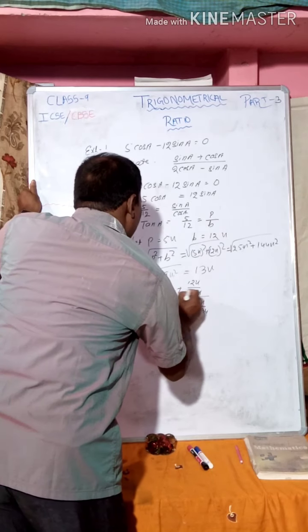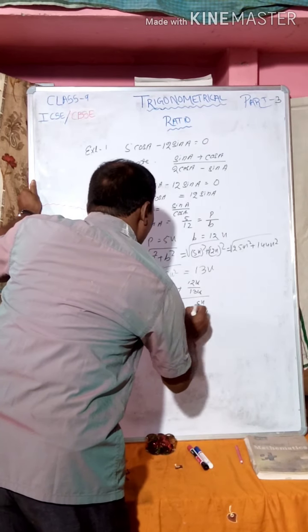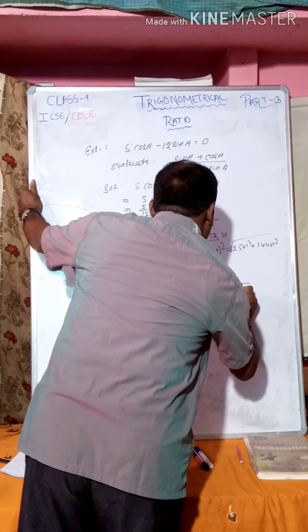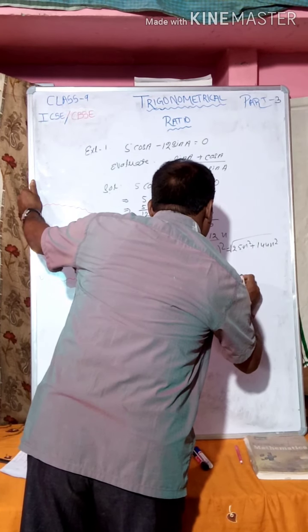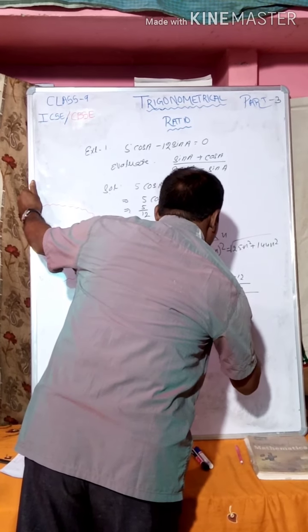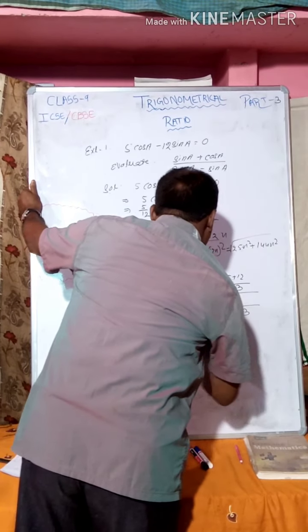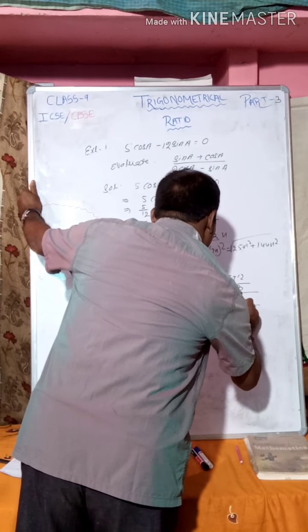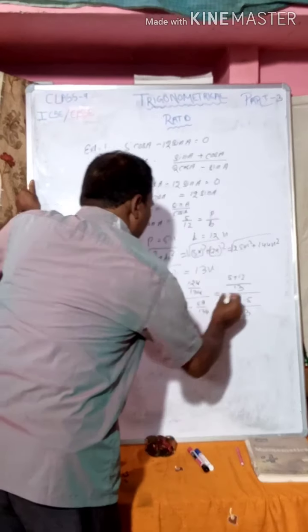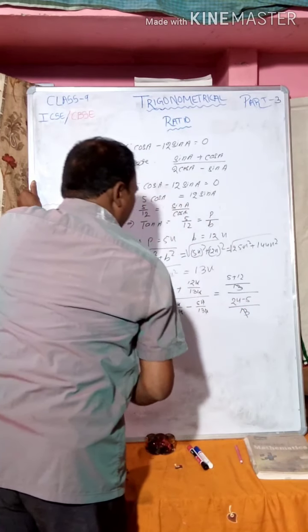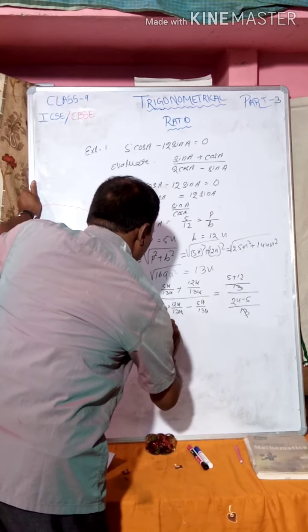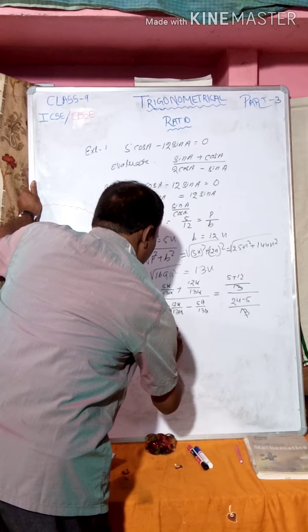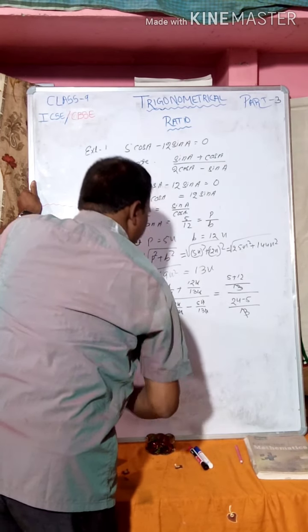The x cuts off in all fractions. Taking LCM 13, we get 5 plus 12 whole divided by 2 into 12, 24 minus 5, so 13 cuts off, that is 17 upon 19.